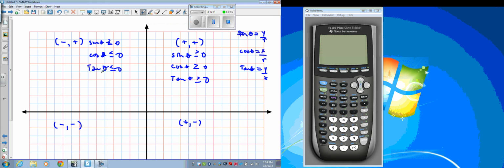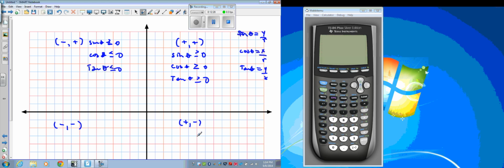You see where I'm going? So down here, sine is going to be what? What's y? Negative. Cosine is going to be negative, tangent's going to be positive, y over x. And over here, the sine is going to be negative, cosine's positive, and the tangent is negative. You see how it goes?